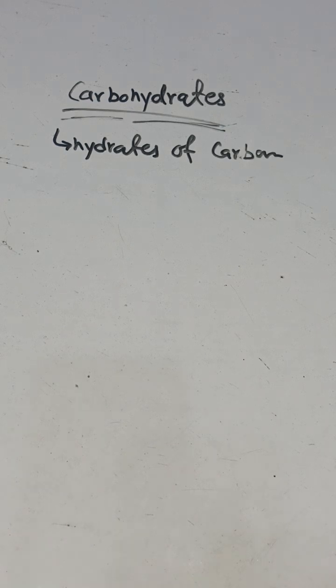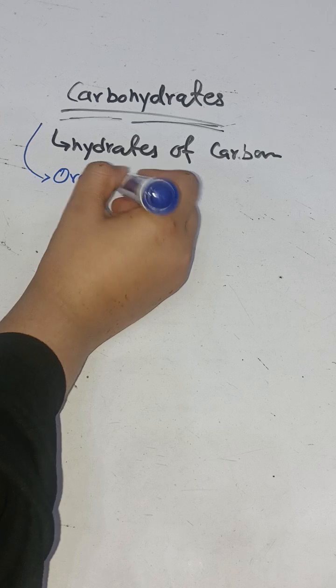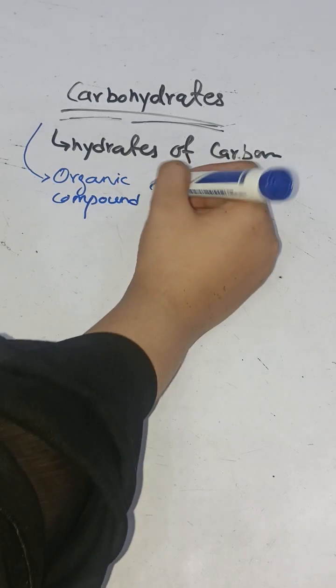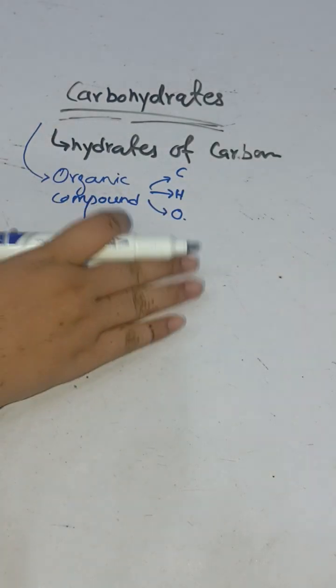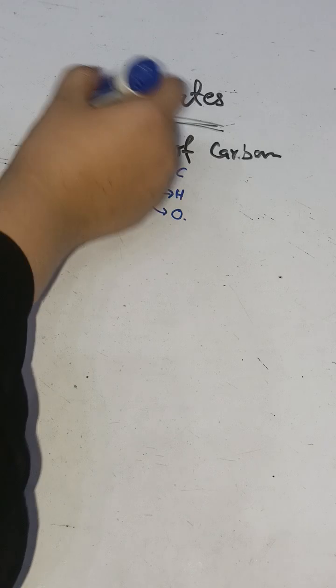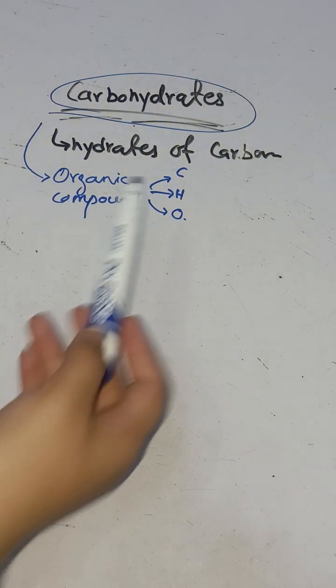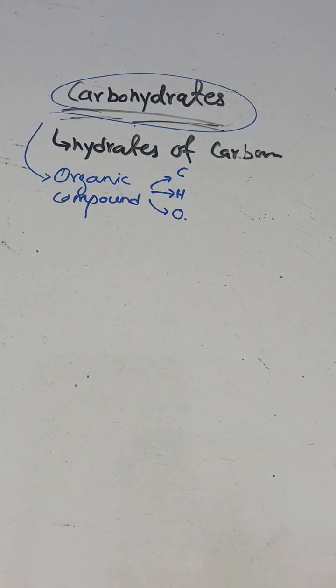Actually these are organic compounds, that is, compounds which contain carbon, hydrogen, and oxygen. So the definition of carbohydrates will be: carbohydrates are the most abundant organic compounds which contain carbon, hydrogen, and oxygen in them. This is the first definition of carbohydrates.